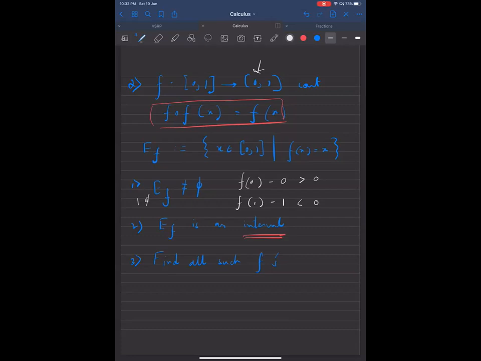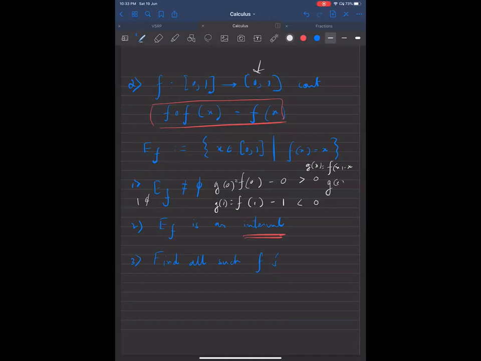Right? Now, we construct g of x to be f of x minus x. Then g of 0 and g of 1 have different signs, so g must have a root, a zero.